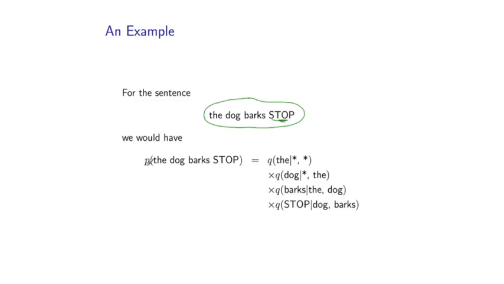So in this case, the probability assigned to this sentence under the language model is a product of terms. You'll notice that we have each of the words, the, dog, barks, and stop. And at each point, we condition on the previous 2 words in the sequence. So for example, barks is conditioned on the and dog because those are the previous 2 words in the sequence.